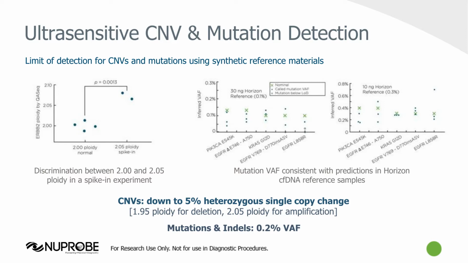We can see in the left figure that there is a distinctive difference between the 2.00 ploidy normal sample and the 2.05 ploidy sample with a spike-in. In the right figure, we have successfully detected mutations and indels down to 0.2% VF using Horizon cell-free DNA sample standard.